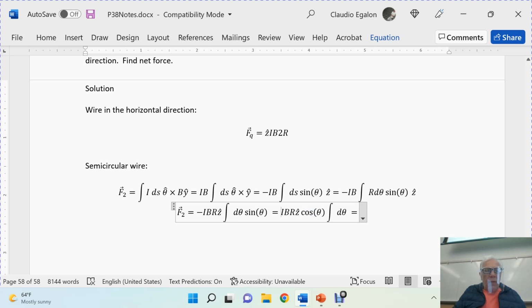And then we apply the limits from 0 to pi. We don't need that anymore. Go to the next step.